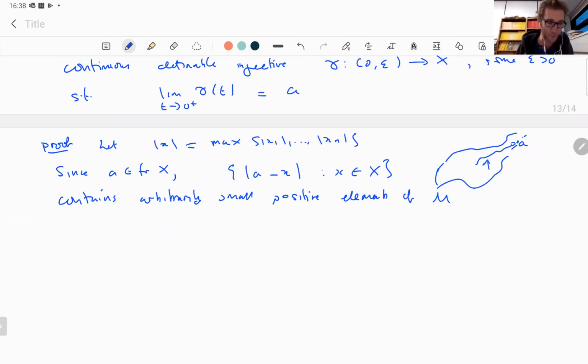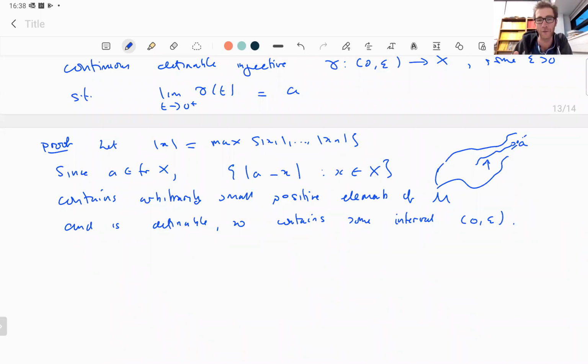And it's definable, so it contains some interval 0, epsilon. And then for t in that interval, the set of x such that the norm of a minus x is t is going to be non-empty.